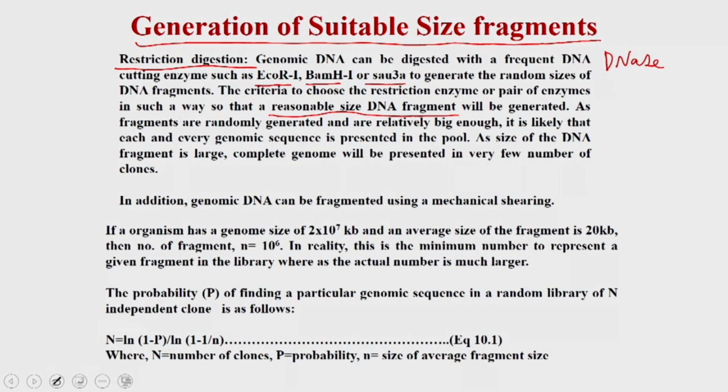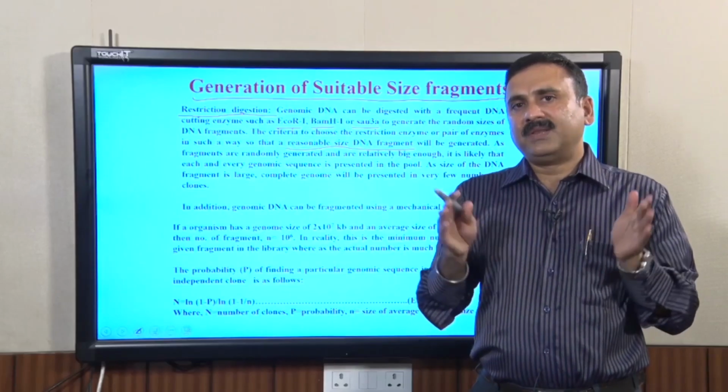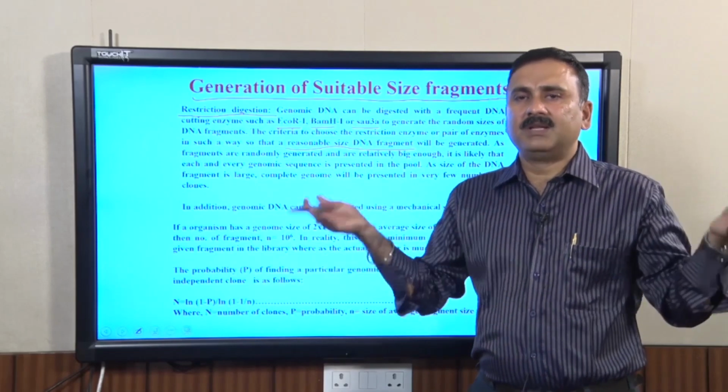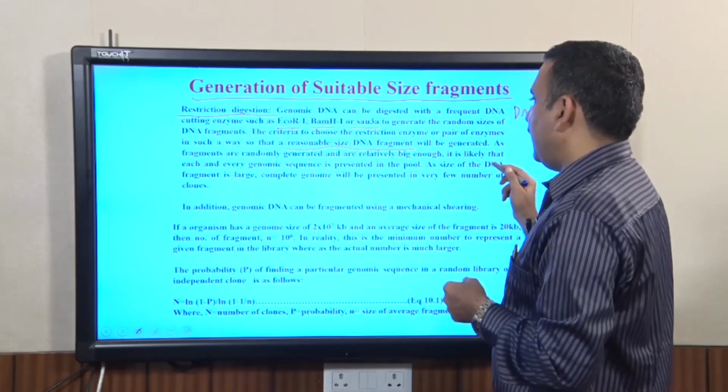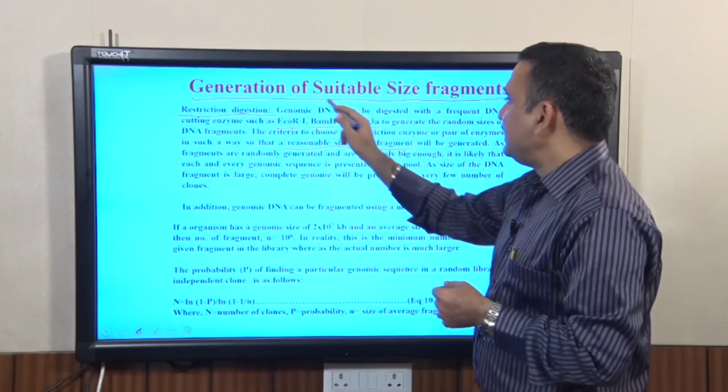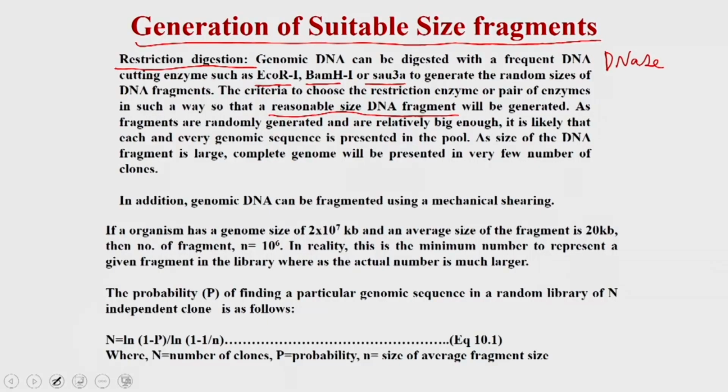So, you need a suitable size fragment, so that it will express at least one gene, or maximum one gene or the flanking sequence of other genes. So, if you digest the genomic DNA with restriction enzymes, either alone or in combination, most likely you will generate a suitable size DNA fragment.